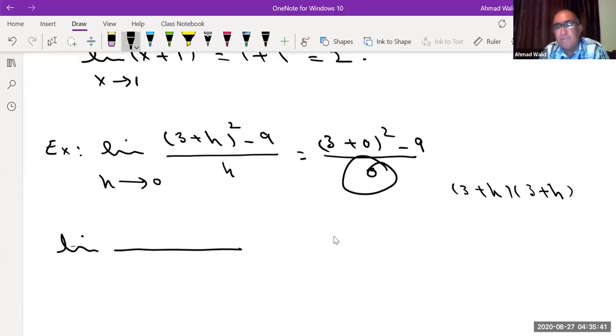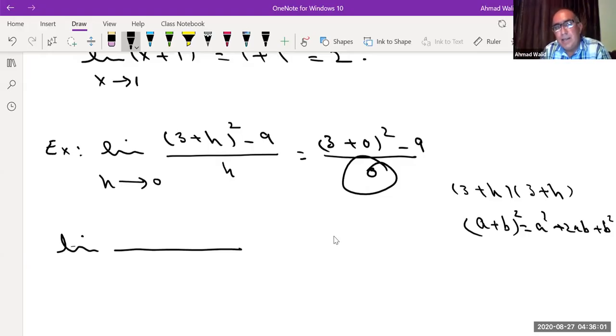It takes another half page or a lot of time to simplify. But if you remember, you have the formula a plus b squared means a squared plus 2ab plus b squared, right? Use this technique easily because now you are in calculus class.